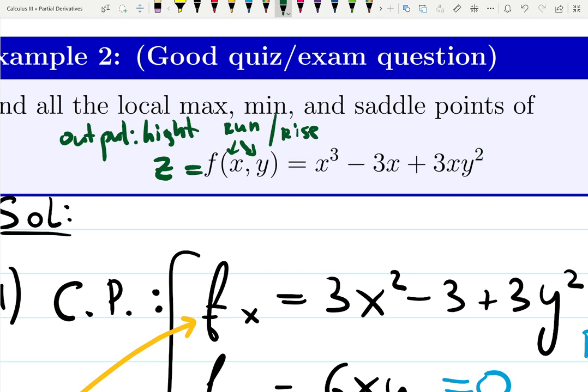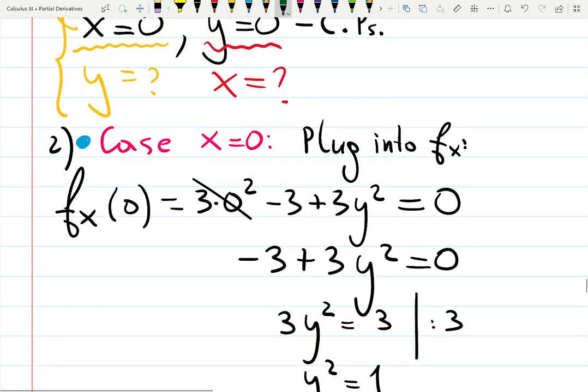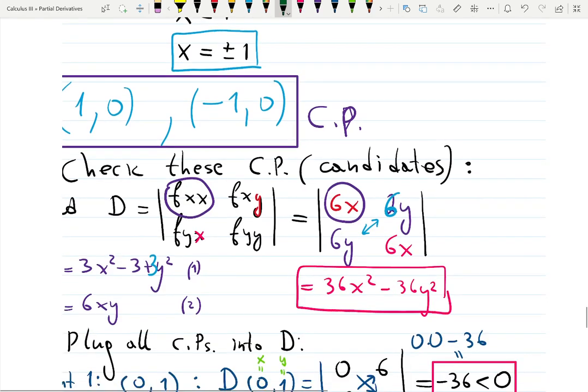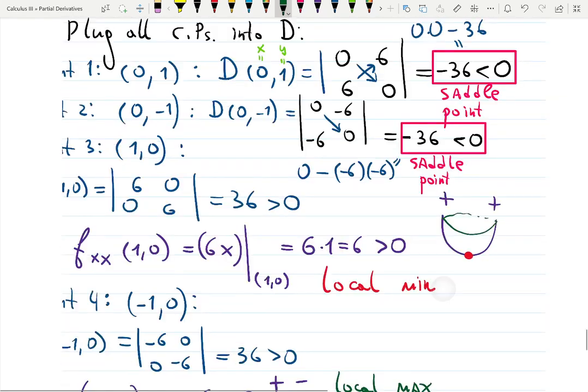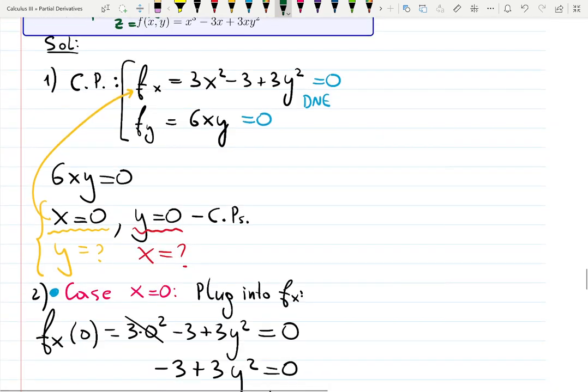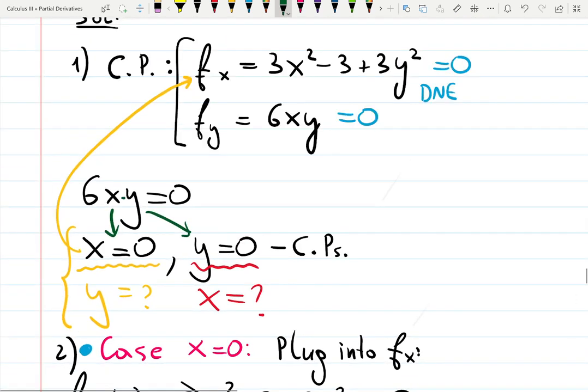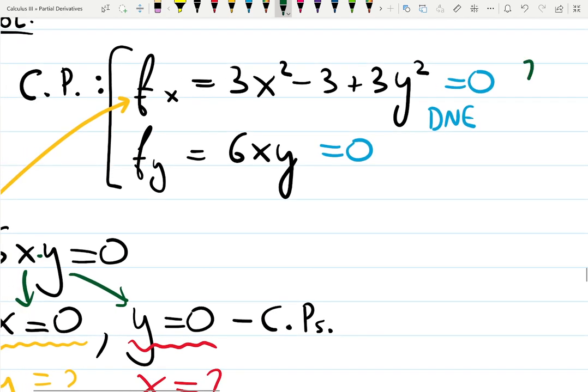Yeah? I have another one. So when you plug in 0, it was at the very beginning, when you got x equals 0 and y equals 0, when you said 6xy equal to 0, if those were critical points. Yes, they were the beginning of the whole process. I chose a random equation, either this one or this one, to start.